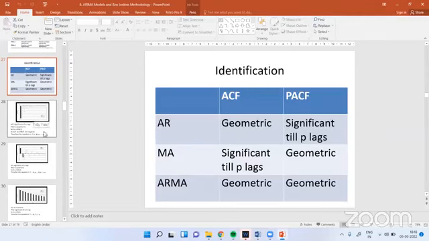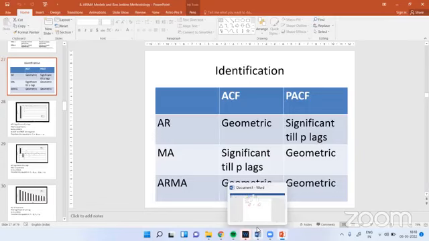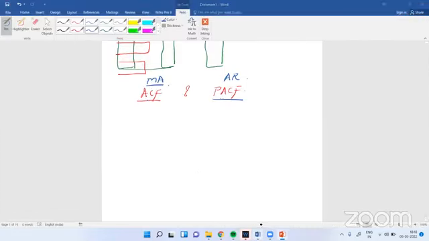So if I talk about this scenario, ACF is geometric. When I plot the correlogram, which is a representation of the correlation with the previous lags, if ACF is geometric, it means it can have a sinusoidal shape like this. Positive correlation, then negative.